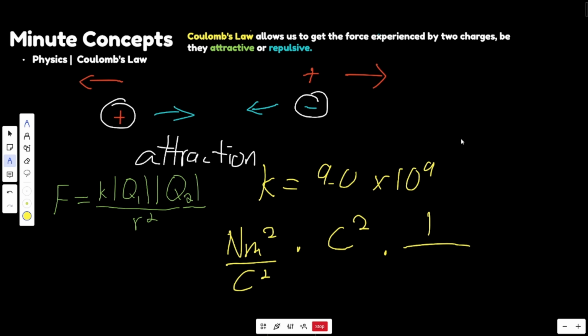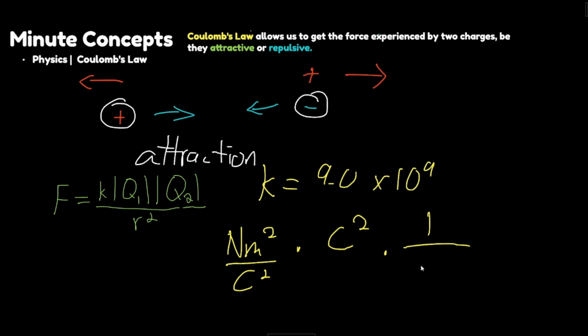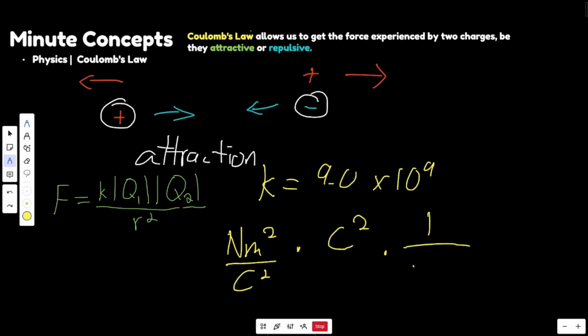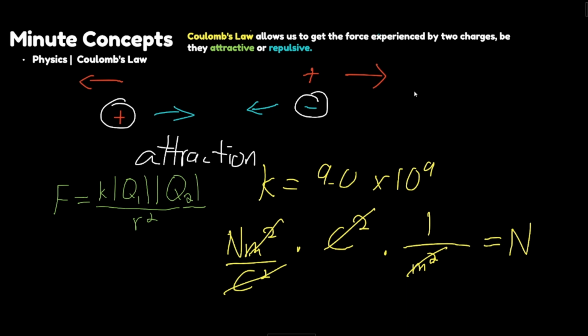And r squared is in meters, so we have meter times meter, which is also meter squared. From this we can cancel out the coulombs, we can cancel out the meters, and we're left with Newton. And that's how we know that Coulomb's law works. That is how we got the force between two charges. So now, let's get into actual problem solving and apply this.